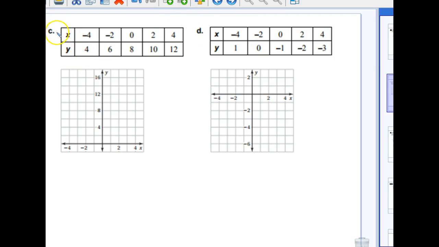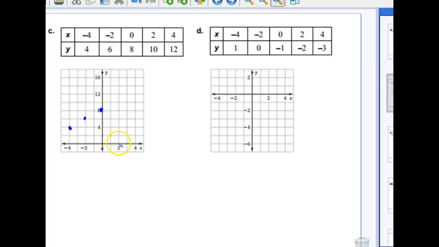I want you guys to do exactly what we just did for C on your paper. Go ahead and work on C. All right, so far, what I've seen is you guys graphed it correctly. We went -4, up 4. We went -2, up 6. We went 0, 8.